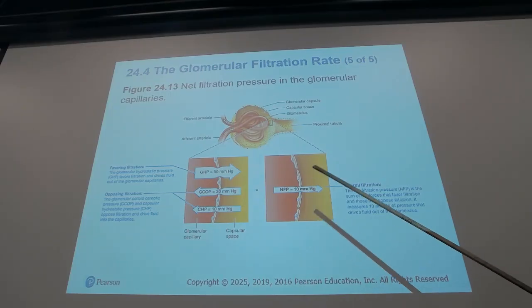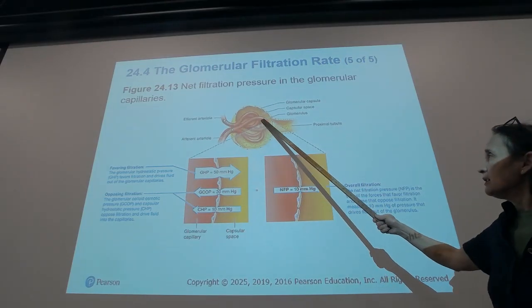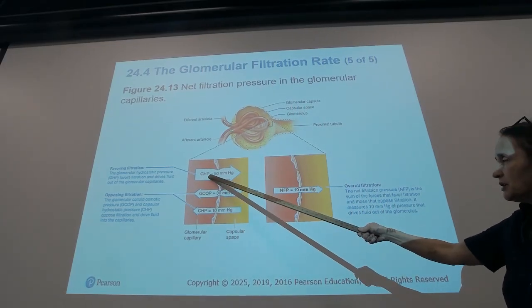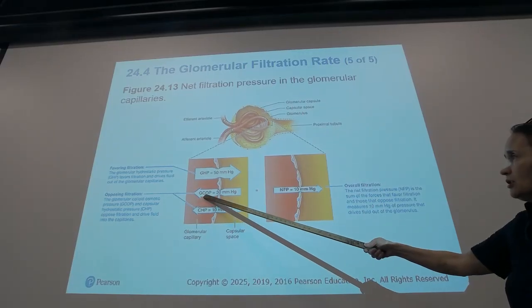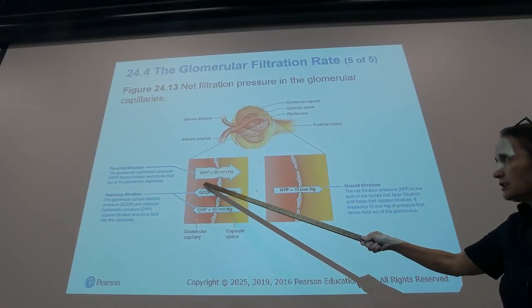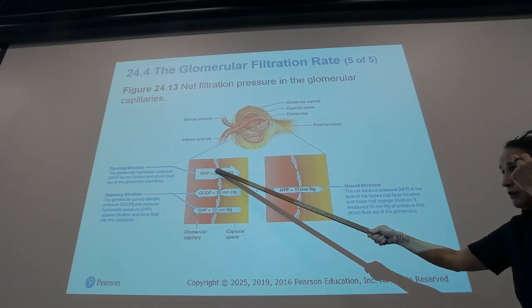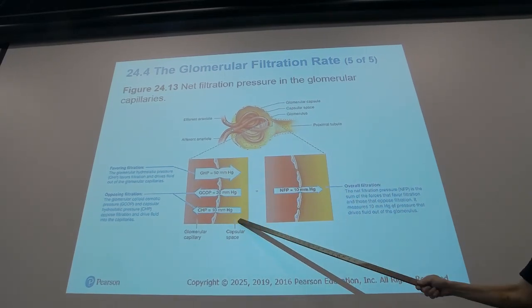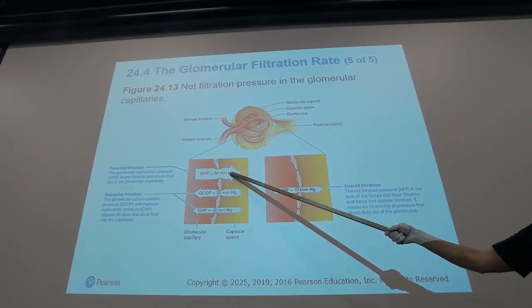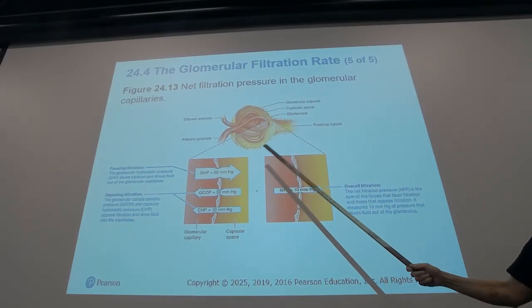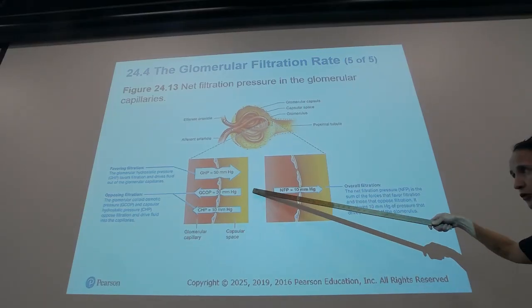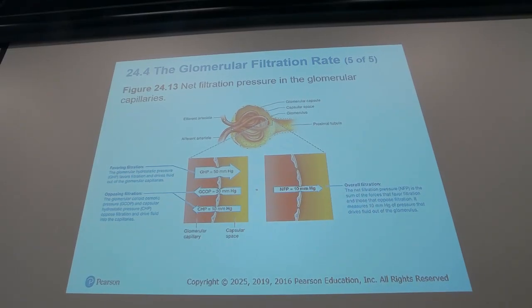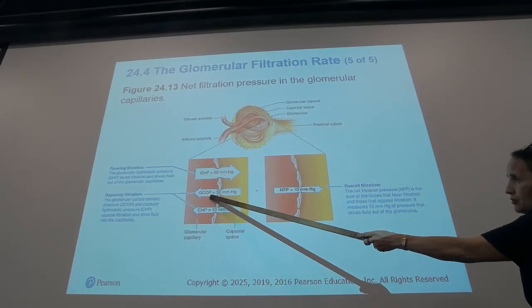So this is how we visualize it. Inside the glomerulus, we have GHP, and then we have GCOP, proteins and water. So this one forces the hydrostatic pressure fluid out into the capsular space, which will be this one. So that's 50 millimeters of mercury. And then the colloid osmotic pressure pulls fluid from the capsular space into the capillaries.